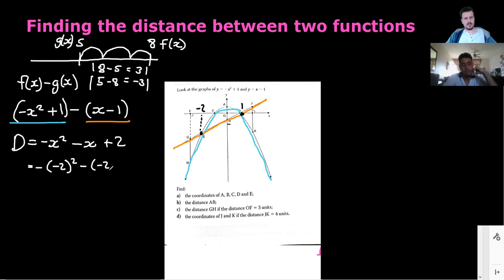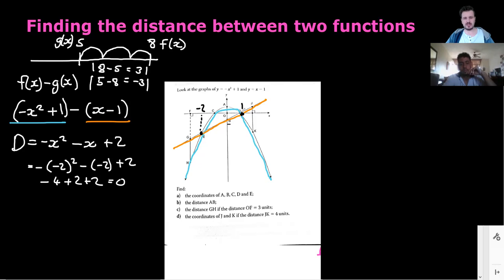If I put this in my calculator, I get 4. Oh, there's a minus on the outside. Oh, yes, minus. So I get minus 4. Minus minus 2 is plus 2. Plus 2, and I get 0, which is exactly what I want. The distance at e is 0.